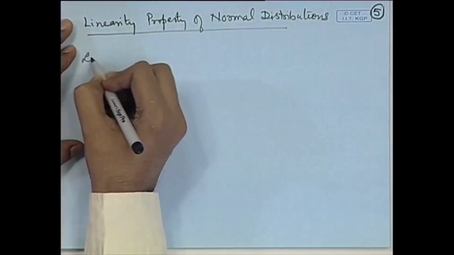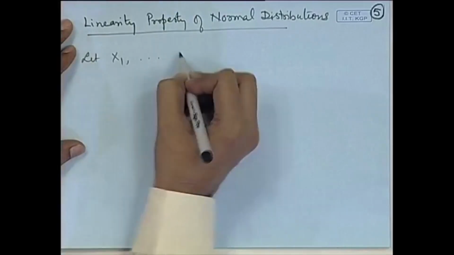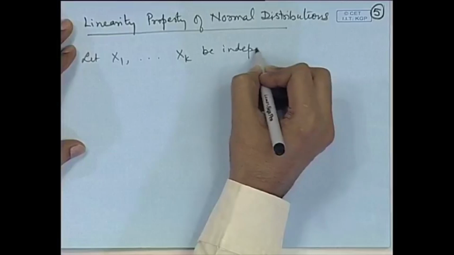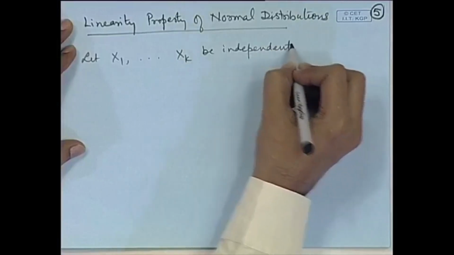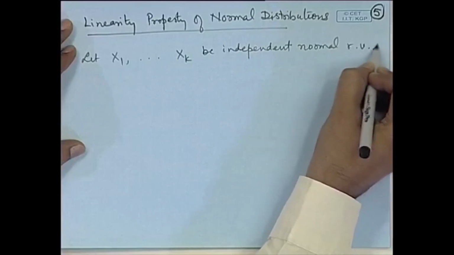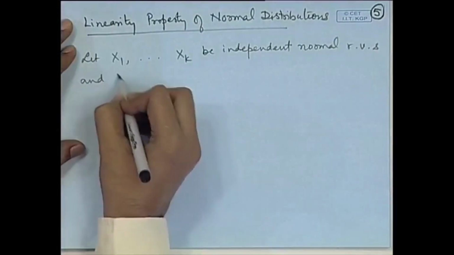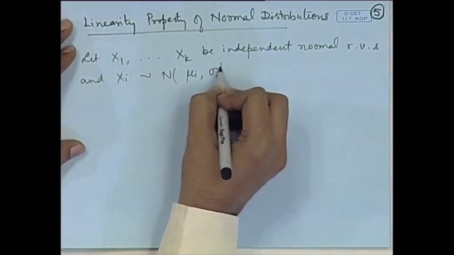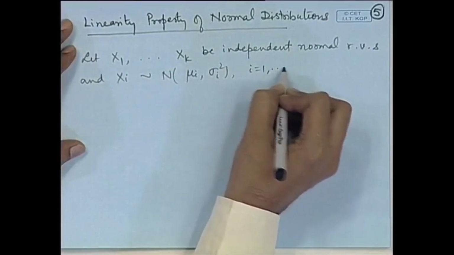Let us consider say X1, X2, ..., Xk independent normal variables, and Xi follows normal (mu i, sigma i squared) for i equal to 1 to k.